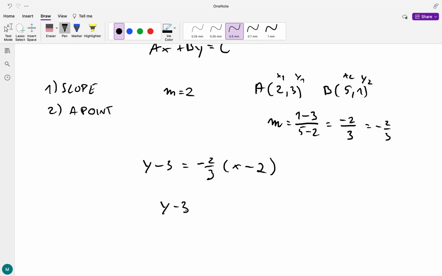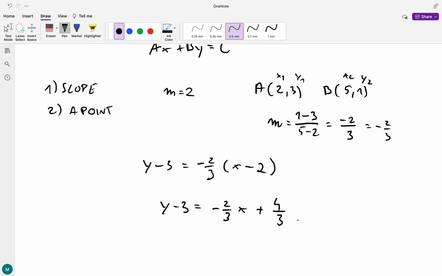So y minus 3 is equal to -2/3x plus, right, because we have negative sign times negative sign, 4/3.